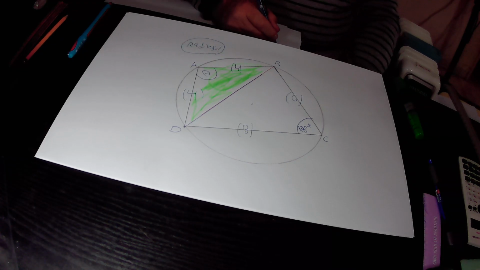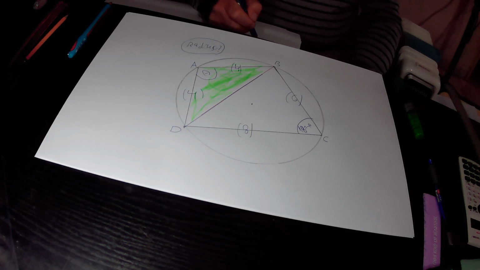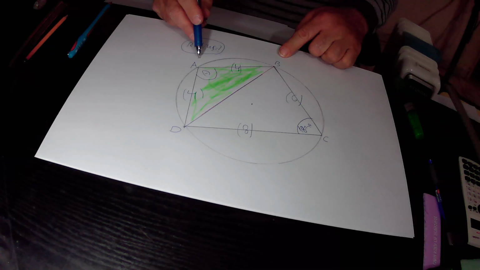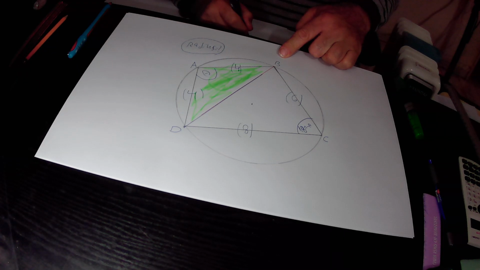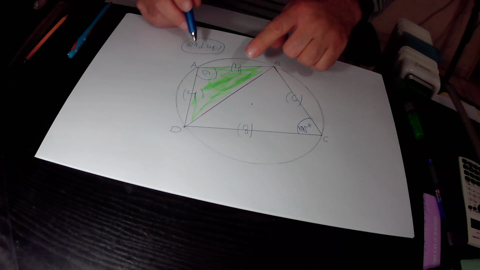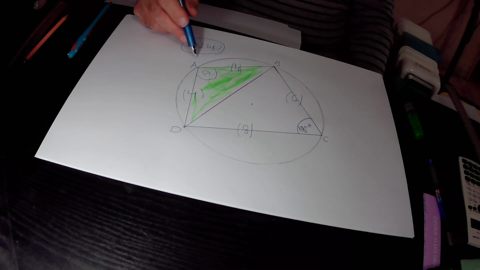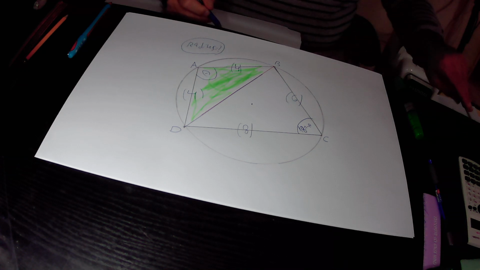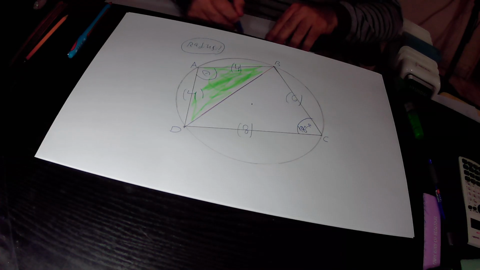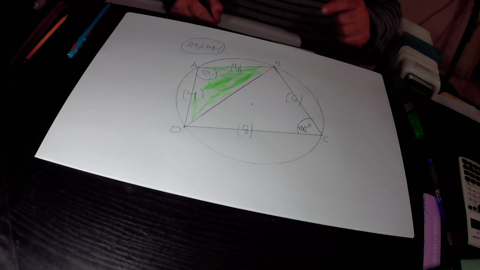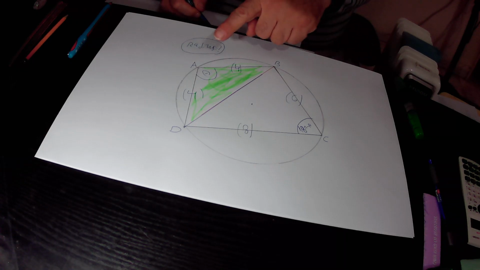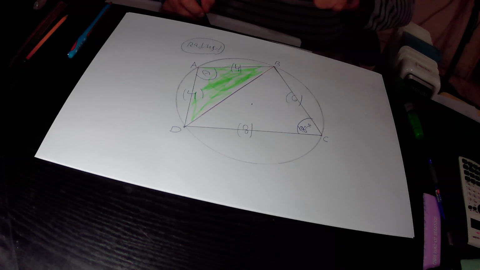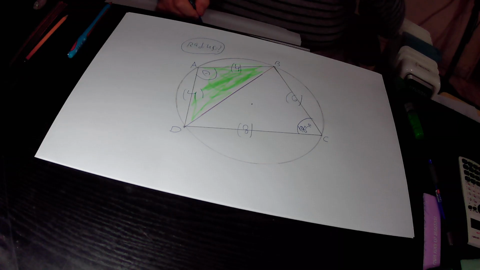So it is BD squared equals AB squared. AB is 4, therefore AB squared is 4 squared, this is 16. Plus AD squared. AD is also 4, therefore AD squared is 16. Minus 2 times AB is 4, times AD is also 4, times cosine theta.